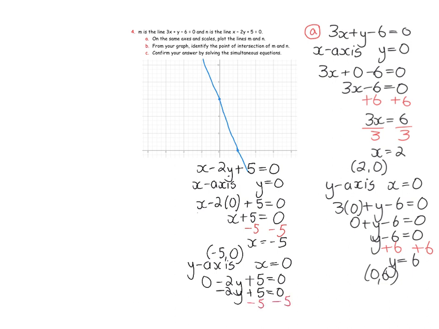So we'll be left with -2y = -5. We can divide both sides by -2. So we're going to get that y = 5/2. So the point then we have here is (0, 5/2), and 5/2, as you know, is 2.5.